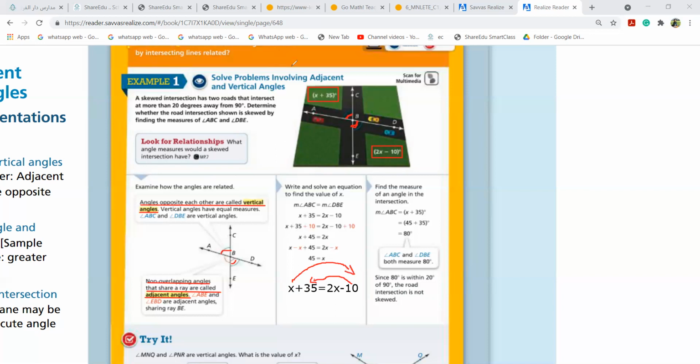If I bring 10 this side, this becomes 35 plus 10. 10 comes to the other side and becomes plus. Whereas 2x I'll copy and this plus x becomes minus x. So I have 35 plus 10 is 45. And I have 2x minus x is 1x, which is nothing but x. So I got x equal to 45 degrees.